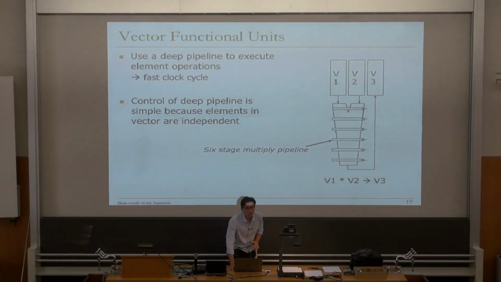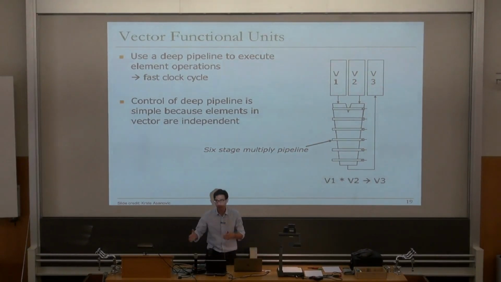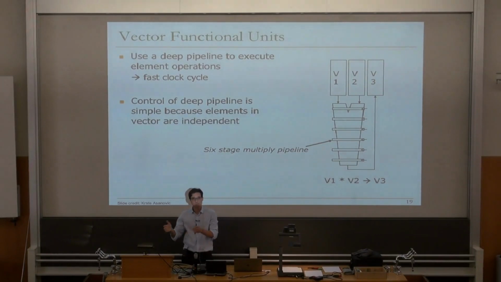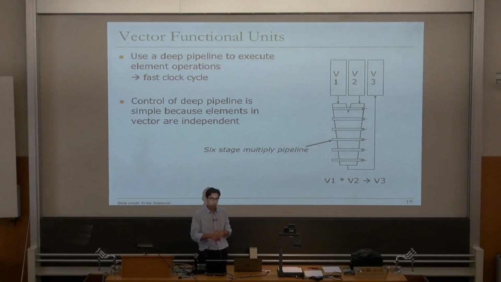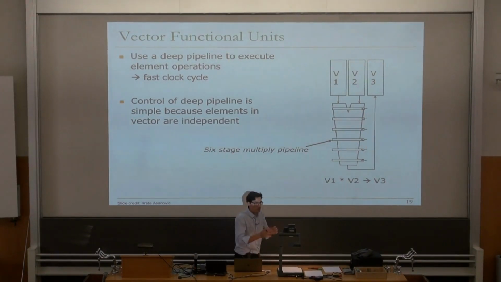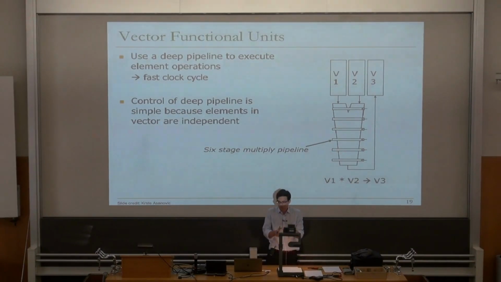About the vector functional units, we have already mentioned that one of the benefits of vector processors is that they allow us to have a very deep pipeline, and the fact that we have a deep pipeline, we have many stages in the pipeline, means that we will be doing less things in each of the stages, and this way we can have a faster clock cycle.